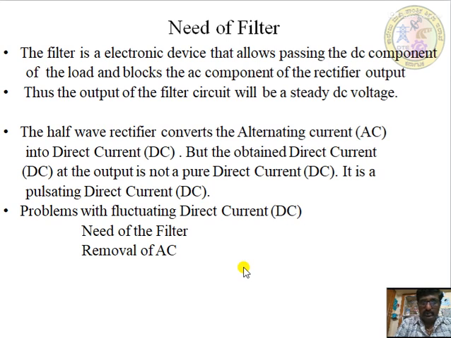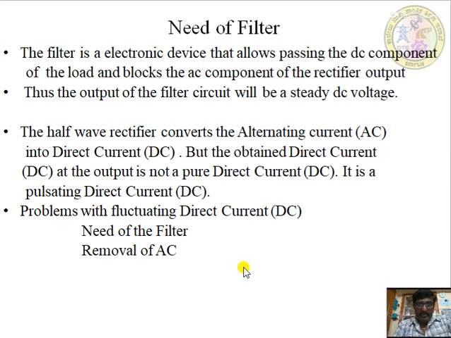Thus, the output of the filter circuit will be a steady DC voltage. So the reason we require the filter is that it blocks the AC component while passing the DC component to the load, and we get a steady DC voltage.